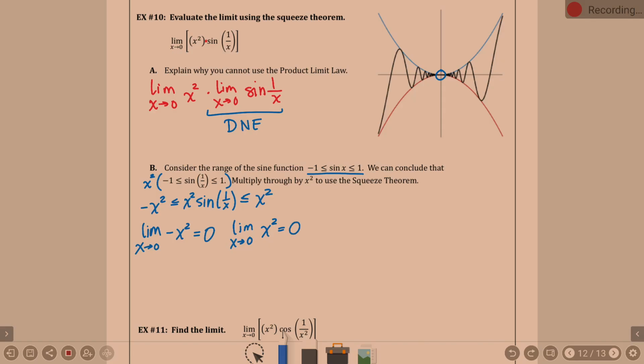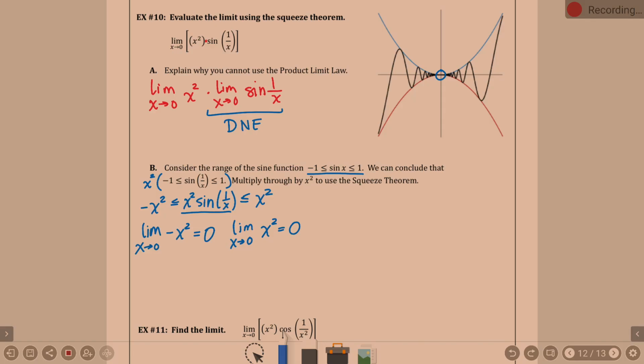Based on the fact that those two limits both equal 0, we know this piece in between them also equals 0. This is what we talked about in the squeeze theorem.